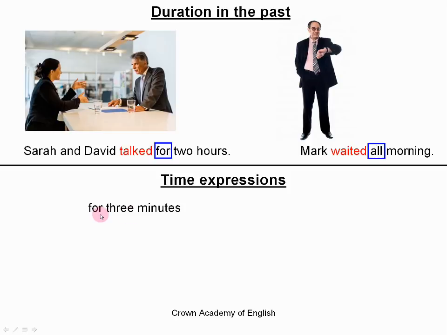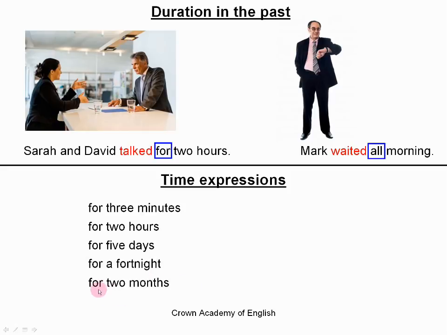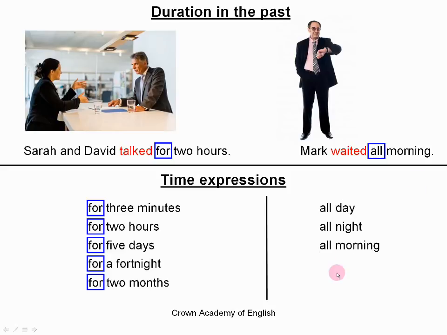And we can also say for 3 minutes, for 2 hours, for 5 days, for a fortnight. Fortnight is 2 weeks, okay, 2 weeks. For 2 months. And all, we can say all day, all night, all morning, all afternoon, and all evening.